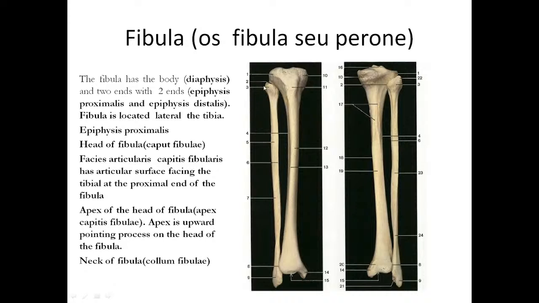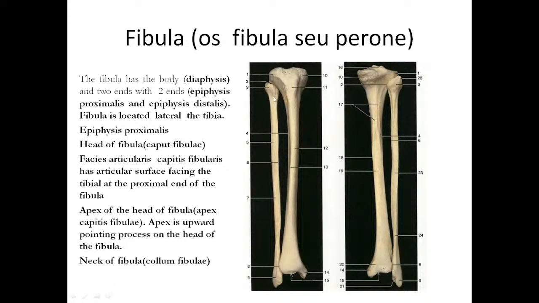The proximal epiphysis has the head, caput fibulae, and the neck of the fibula, collum fibulae. The head has the articular facet of the head of the fibula, facing the tibia, at the proximal end of the fibula.